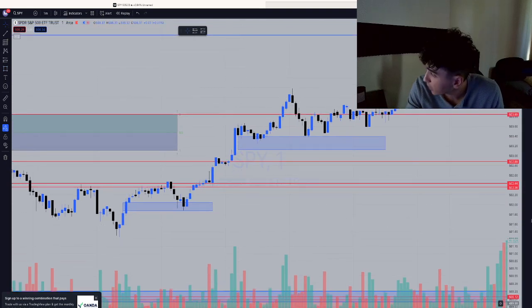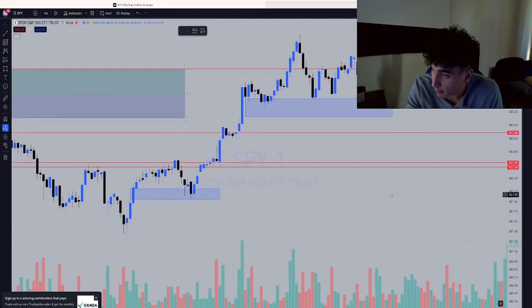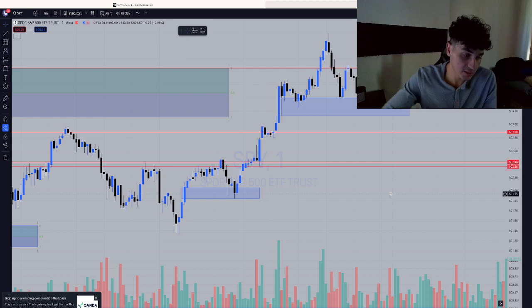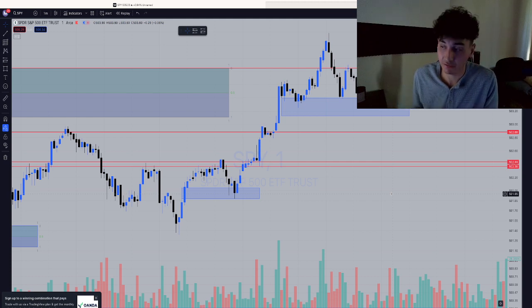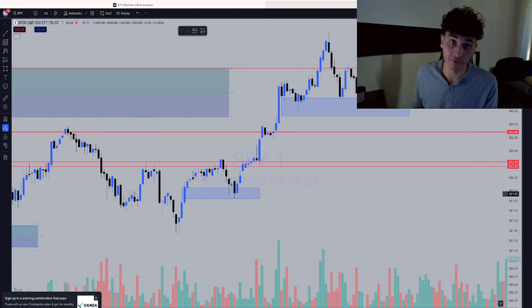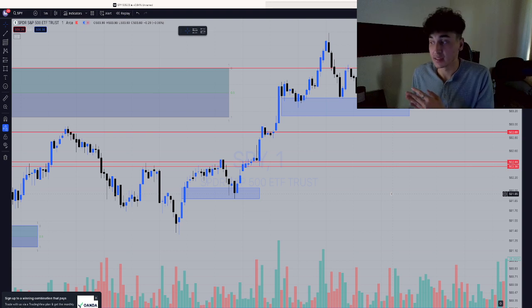Now keep in mind, when I'm using my fair value gaps, typically I'm only looking to enter off the first retracement. Yes, we can see multiple reversals or bounces from fair value gaps, but I always want to focus on the first one. And if I am entering, I want to enter on the first bounce or the first reversal, right? Because that's initially what's going to be the strongest, because when price shifts back to that fair value gap, like I mentioned, it has an imbalance in unfilled orders left within that area.